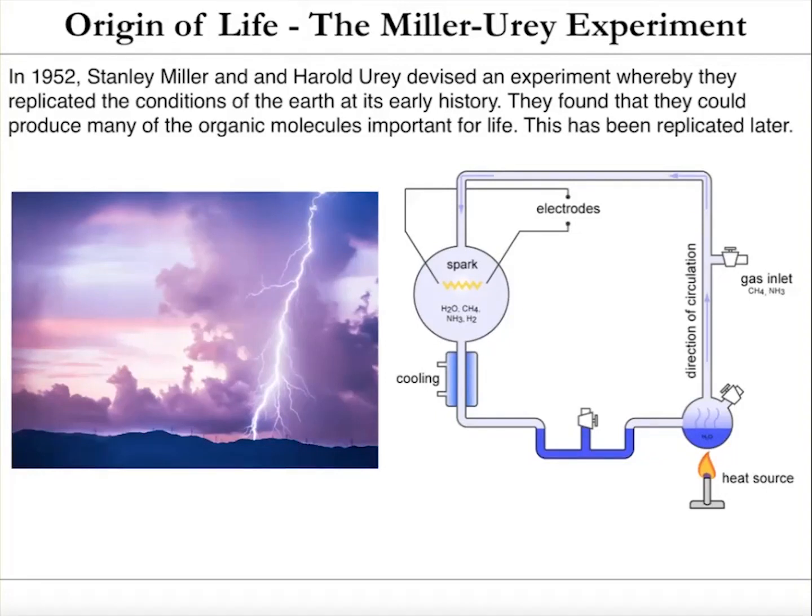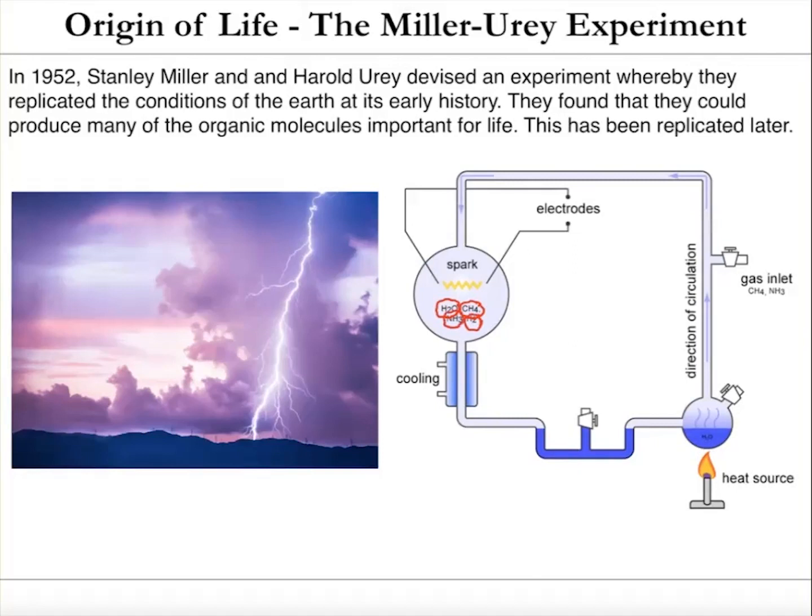They took molecules that were definitely present on the Earth at its earliest time, methane, water, hydrogen gas, and ammonia, put them into a closed system, and then added sparks to simulate lightning striking and providing energy to make molecular changes.